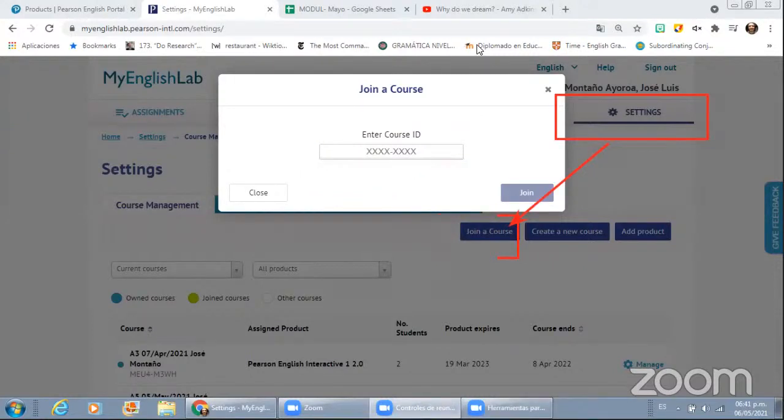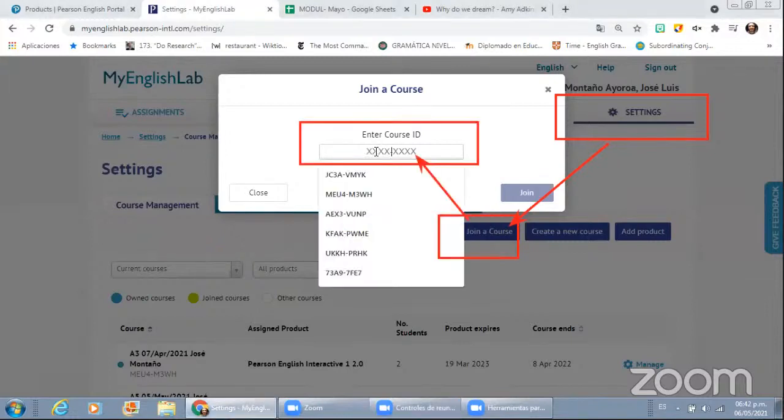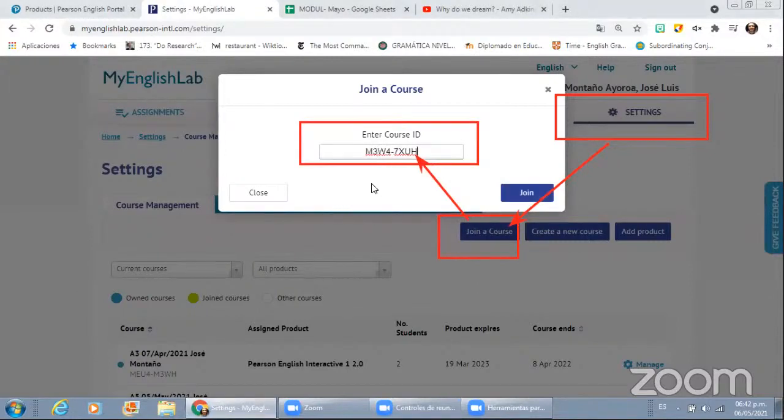And you can see the code over there. It's M3W4-7XUH. If you want, I'm also going to paste that here. If you look at my screen, it's also there. M3W4-7XUH. Take a look.